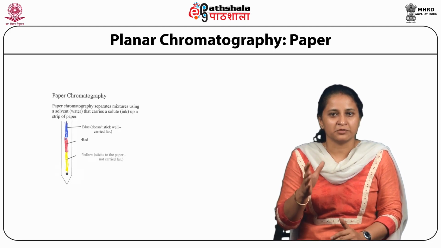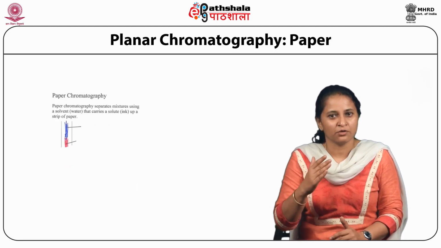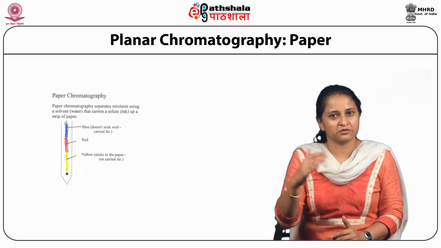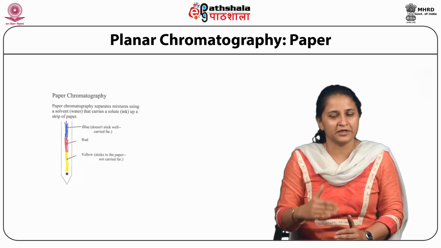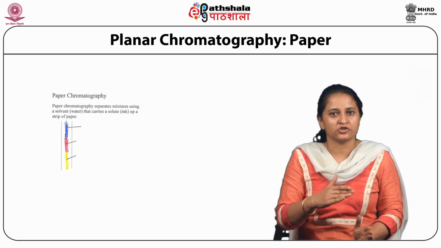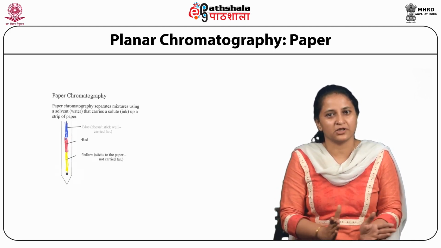Now, this particular form of planar chromatography can be done in one dimension, which means that you can let the mobile phase run till the edge of the paper and then your separation is complete. Or after it's run in one direction, you change the direction of the paper by 90 degrees and then you let the separation occur again.